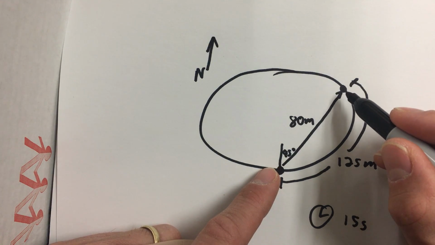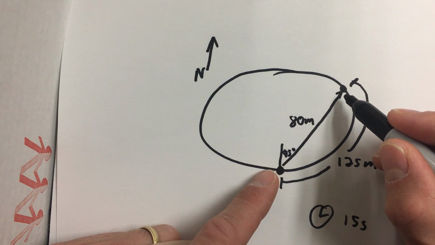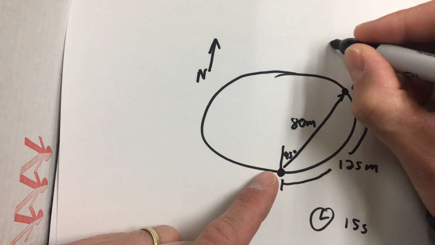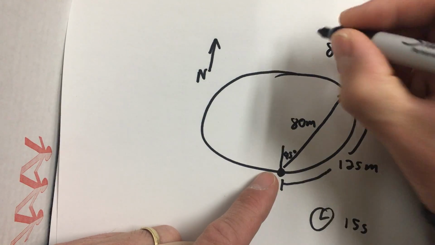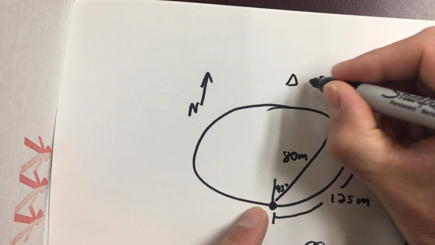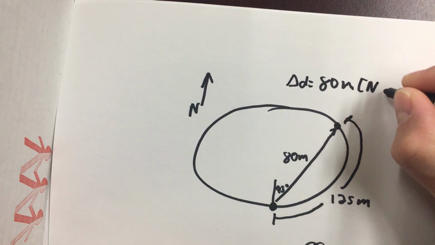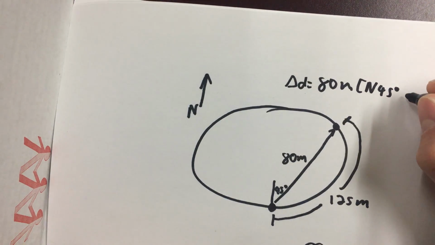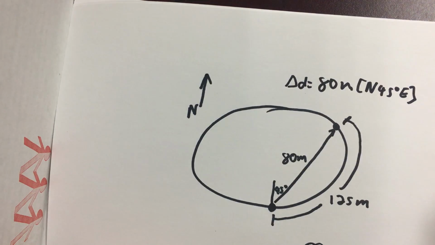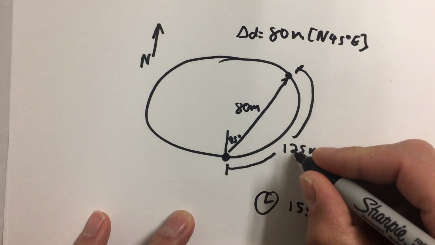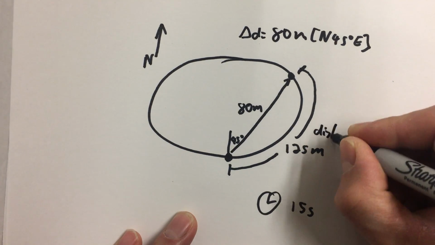Their change in position was 80 meters, so I'm going to write that out as displacement. Our change in position was 80 meters north, 45 degrees east. And again, the 125, that's your distance.